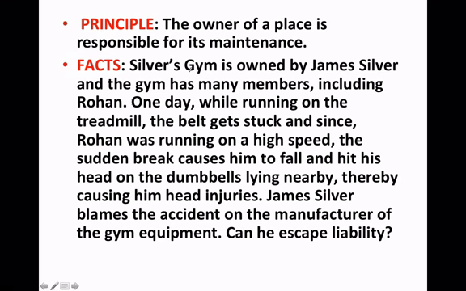James Silver blames the accident on the manufacturer of the gym equipment. See, James Silver is trying to shun responsibility here. But can he escape liability? Can he transfer the blame to the manufacturer of the gym equipment? Let us see the options.